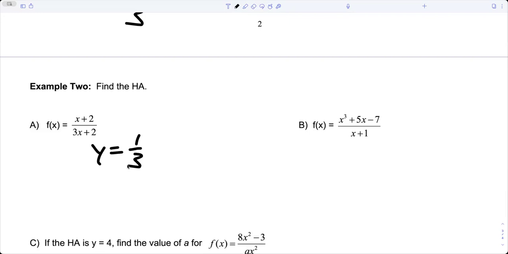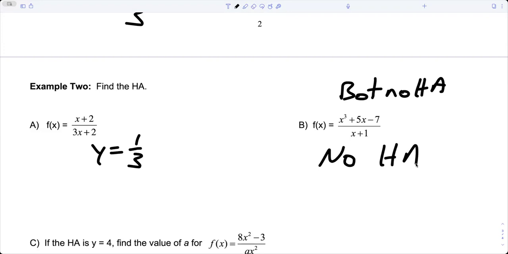This one is bigger on top, so no horizontal asymptote. There is a vertical asymptote at x equals -1.